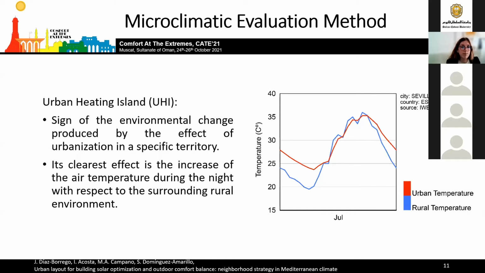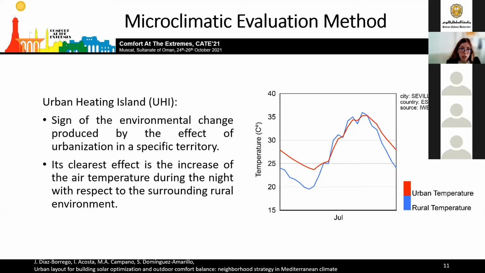Until now, this analysis has generally been carried out without taking into account the urban environmental effect produced on the climate, the urban heat island. Urban heat islands indicate the environmental modification produced by the effect of urbanization in a specific territory, and its clearest effect is the increase of the air temperature during the night with respect to the surrounding rural environment.